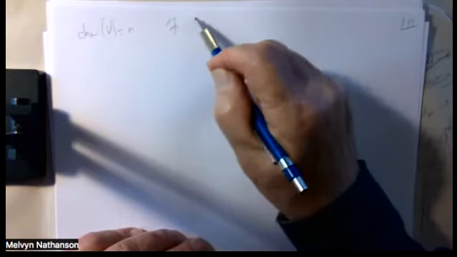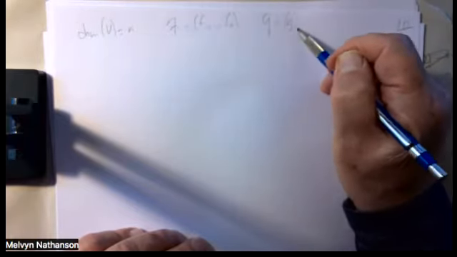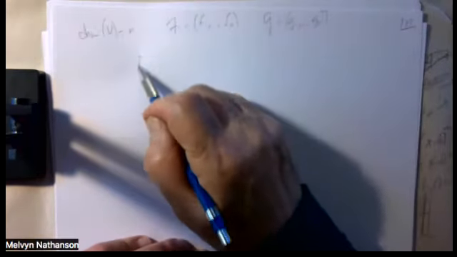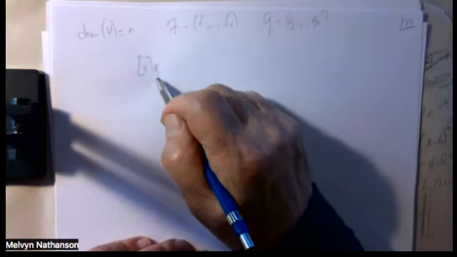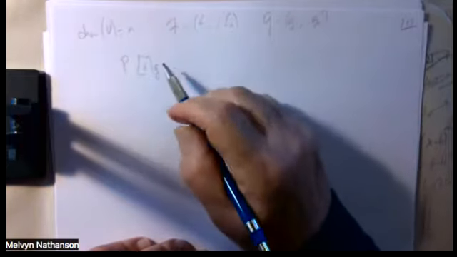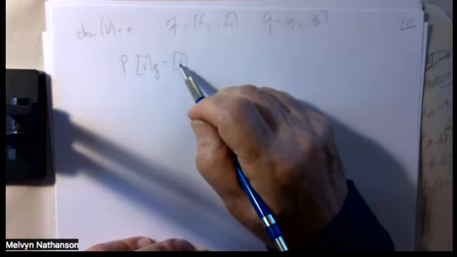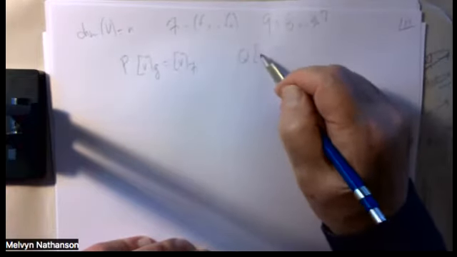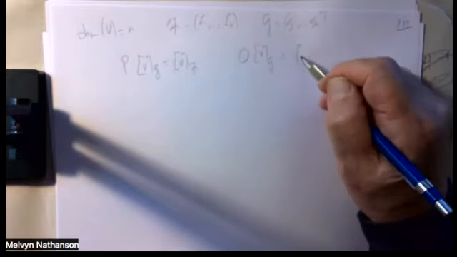We have a basis F, a basis G, and we have matrices P and Q, where if you take the coordinate vector of V with respect to G, multiply it by P, you get the coordinate vector for V with respect to F. And you have the matrix Q. If you take the coordinate vector for V with respect to F, you get the coordinate vector for V with respect to G.